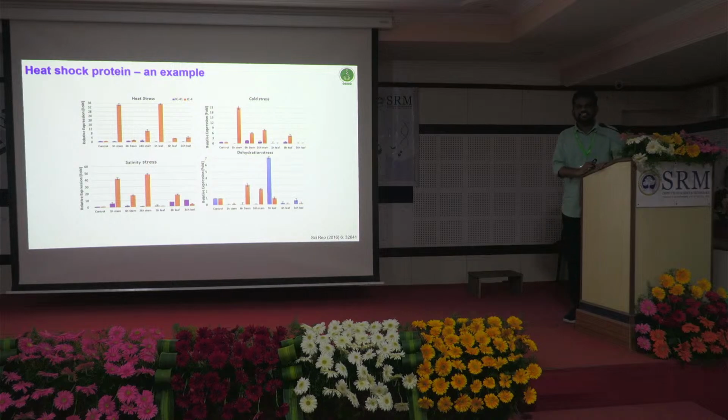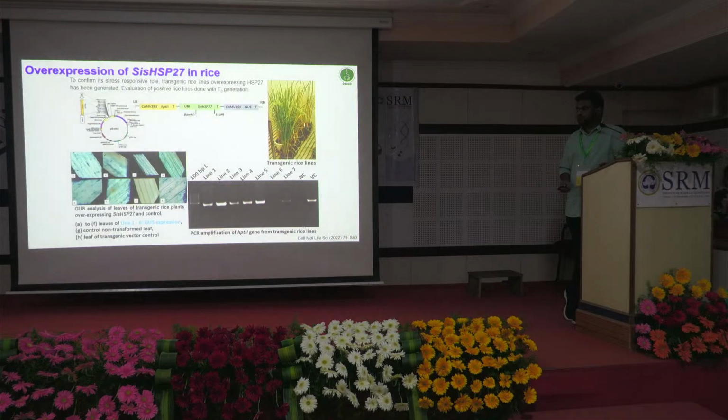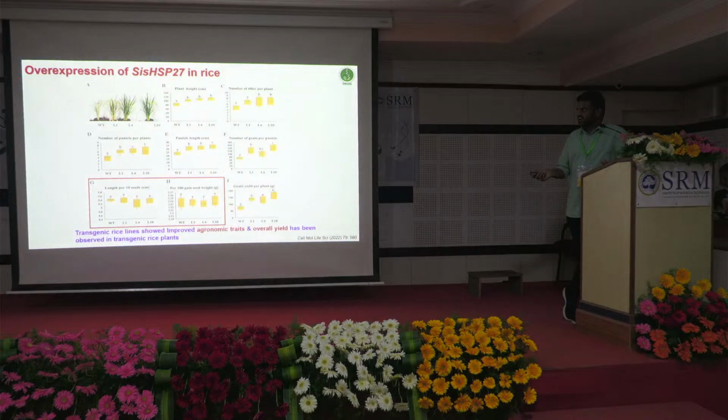What is more interesting is one gene which encodes a small heat shock protein. When we cloned it and overexpressed it in rice, the rice became tolerant to heat stress. This is the wild type. These three are transgenic lines expressing the heat shock protein gene from foxtail millet.